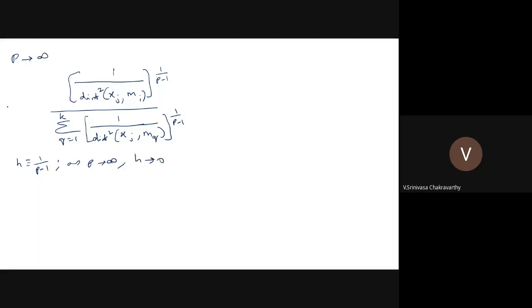So this is wij, right? Now as h tends to 0, wij will be equal to this whole thing to the power of 0, which is 1, assuming that distance is finite and non-zero, divided by, again, assuming all the distances are non-zero, all the entries in the denominator also will tend towards 1.